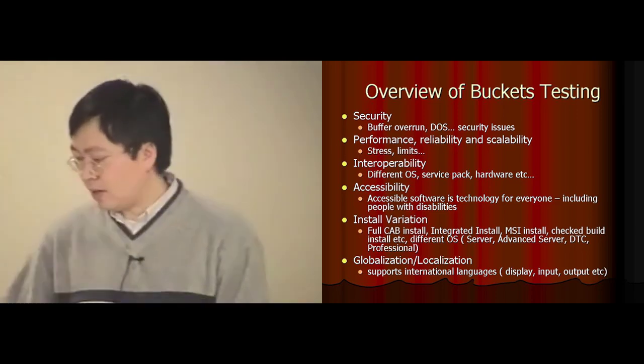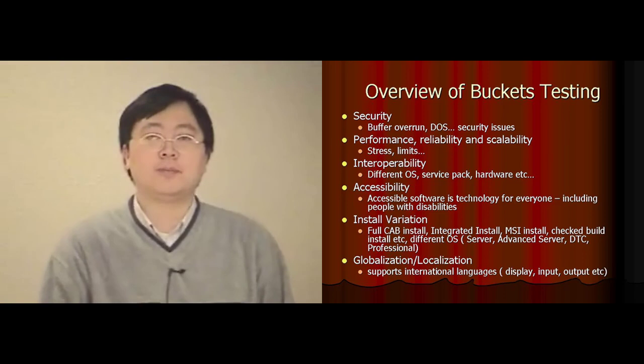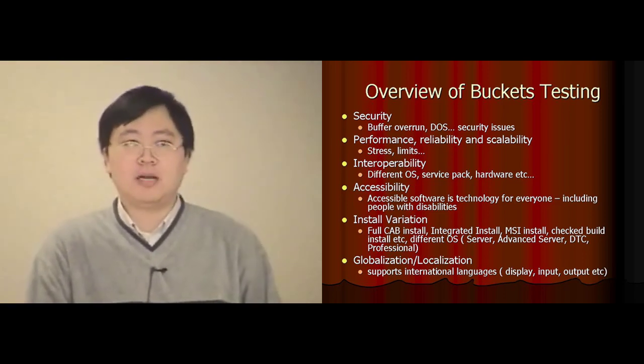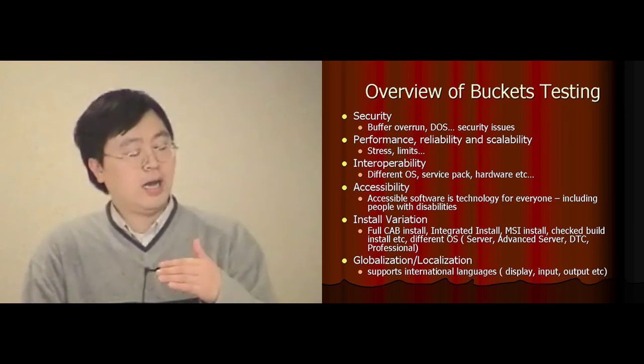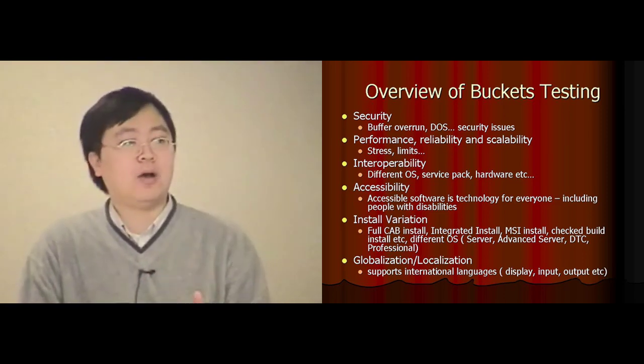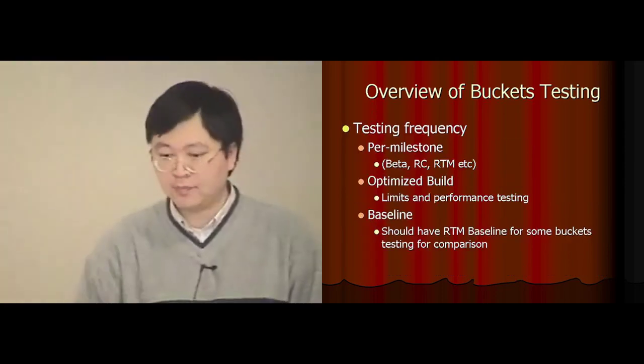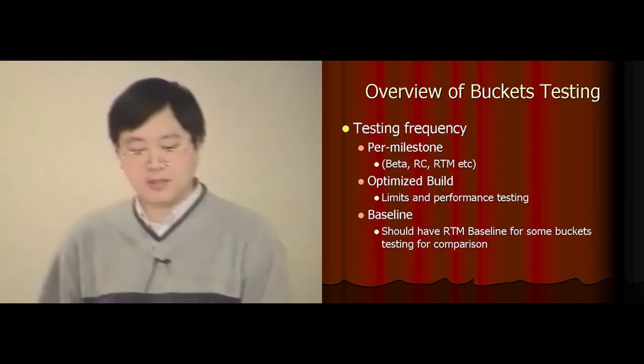Then we're going to talk about globalization and localization. There are some differences between globalization and localization, so the owner will present the details. There's a lot of things covered today.